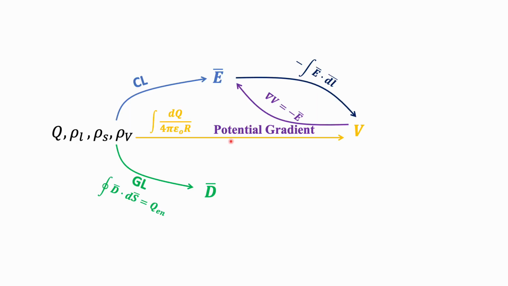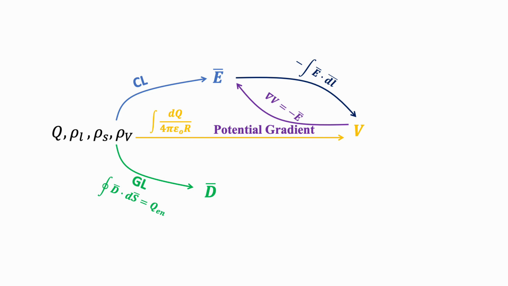So far we have learned about the types of charges, where we have a point charge, line charge, surface charge, and volume charge. All of these are known as charge densities, and we have learned how, from these charge densities, to calculate the electric field intensity by using Coulomb's law, and also how to determine the electric flux density by using Gauss's law, which is closed integration D dot dS equals Q enclosed.